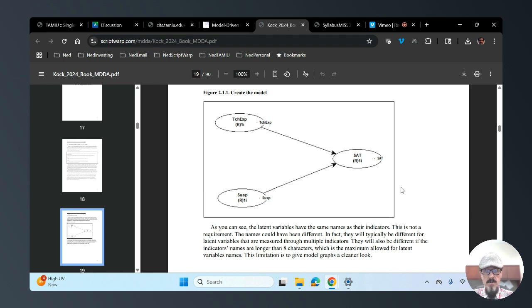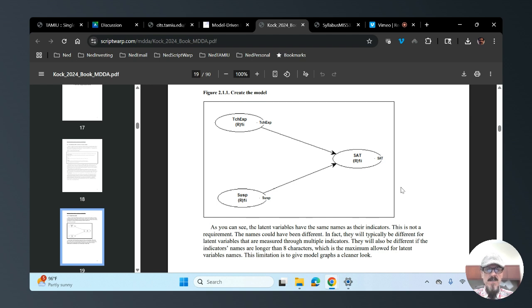You can do all of those tests using structural equation modeling. You can also analyze time series data, which is a little bit different from the types of data we're going to see in this course.